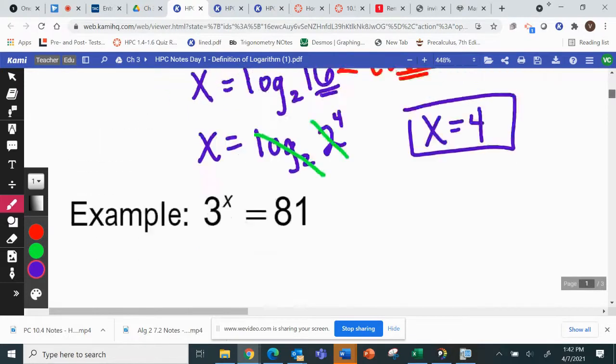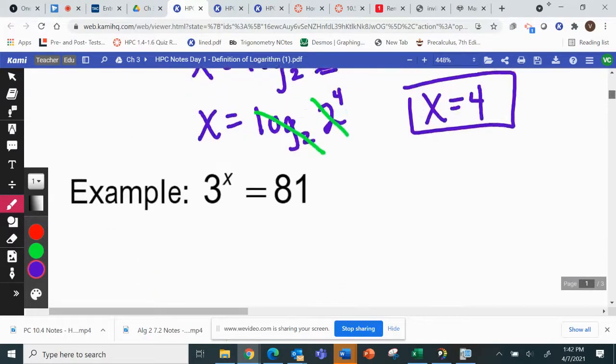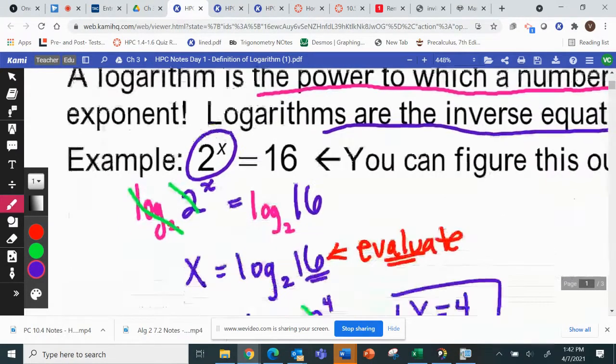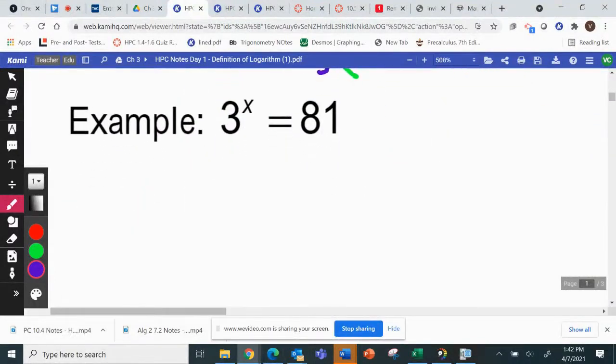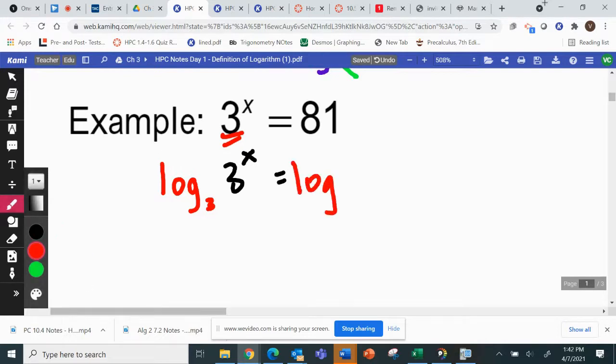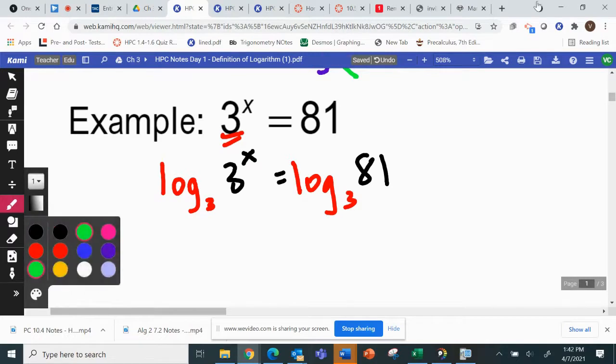Let's see the next question. 3 to the x power, yeah, we're going to do that one. Looking at this next question, Emily's way ahead of us. Here I want to get rid of the base of 3 so I can get x by itself. So I'm going to log both sides with a log base 3. Do we know the answer to this already, by the way? What is it?